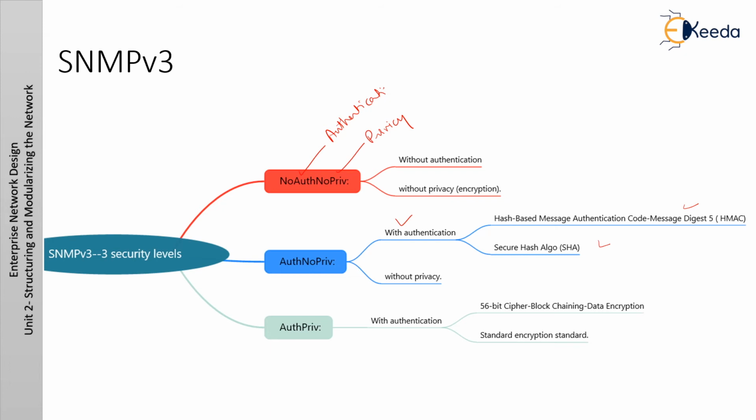With privacy and authentication in authPriv, there is 56-bit cipher block chaining data encryption standard, DES. So these are the things associated with SNMP version 3.